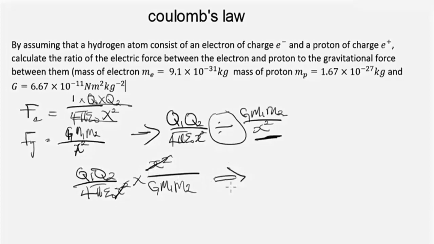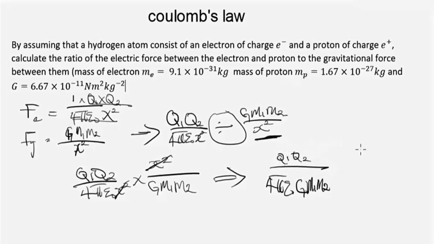So this equation will in turn be Q1 Q2 over 4 pi epsilon naught G m1 m2.